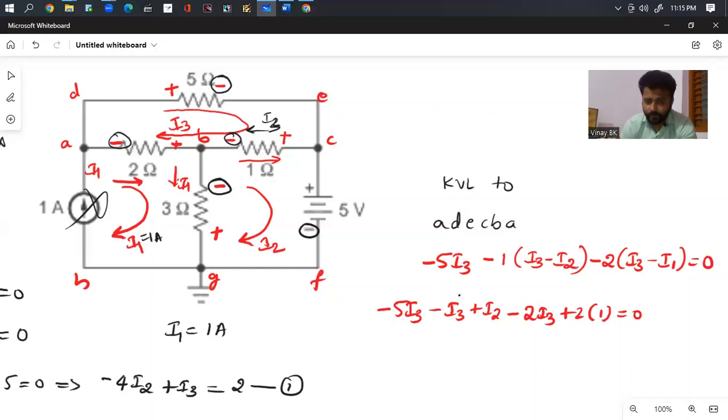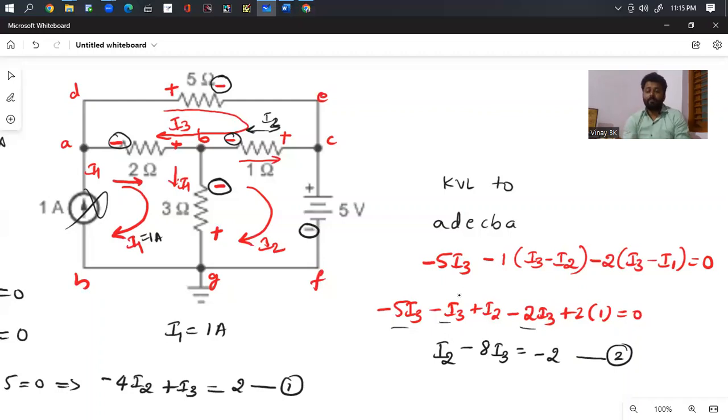You get minus 5I3 minus I3 minus 2I3, which is minus 8I3, plus I2, plus 2, equals. I will send that to the right side, it becomes minus 2, and this is equation number 2.